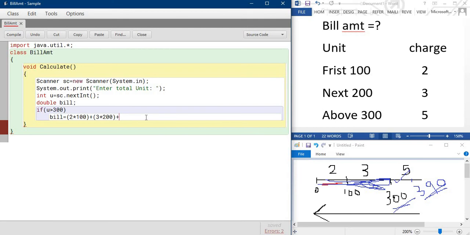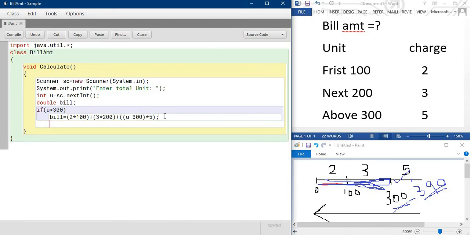So here you write within bracket unit minus 300, into 5. Only this much calculation we will do inside this one.